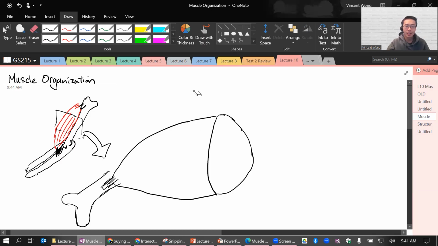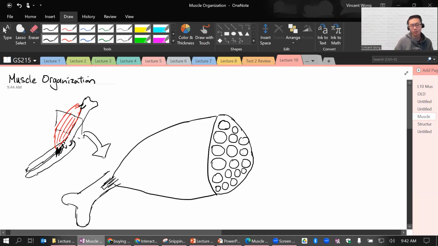If you take a look at the cross section, you will actually find a bunch of things like this. There we go. You can see these when you cut your beef.